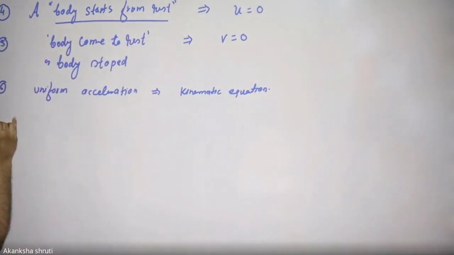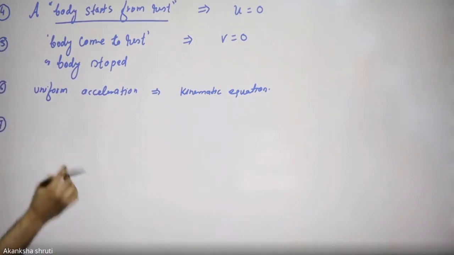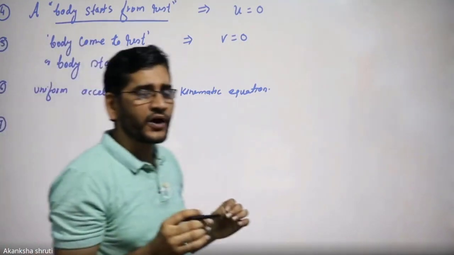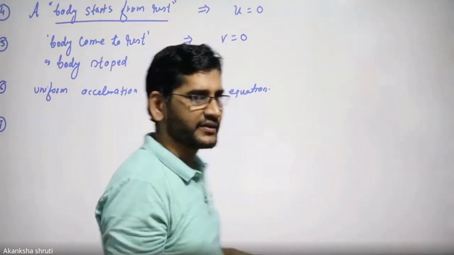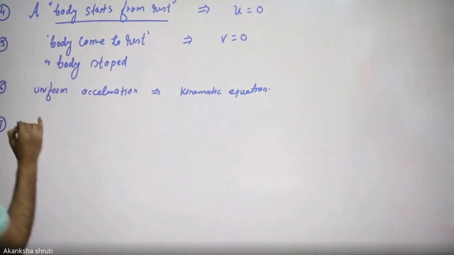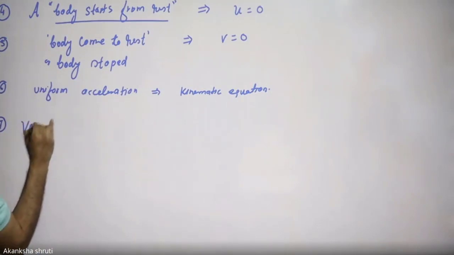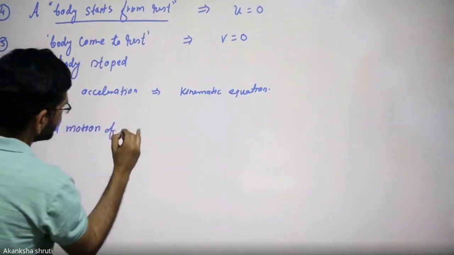Student, the next point is regarding the sign, or the motion of a body under gravity, when the body is moving vertically. So write that: vertical motion of body.